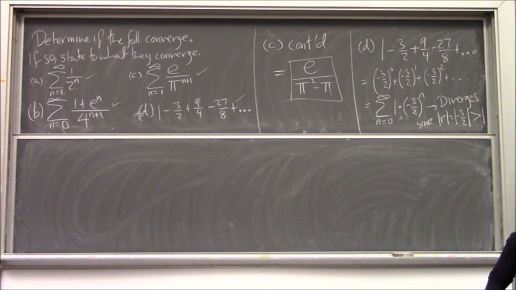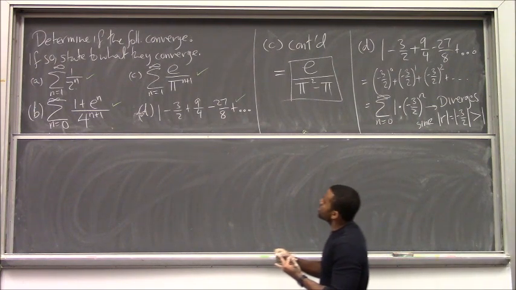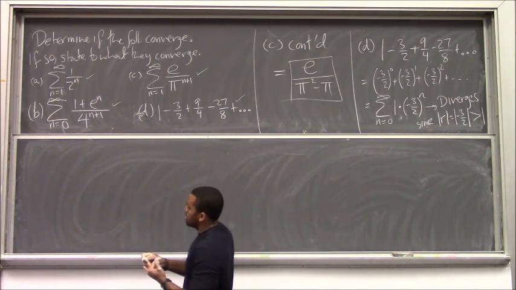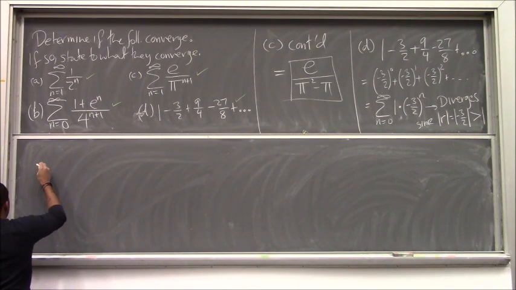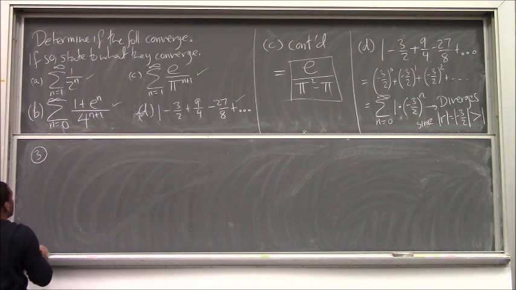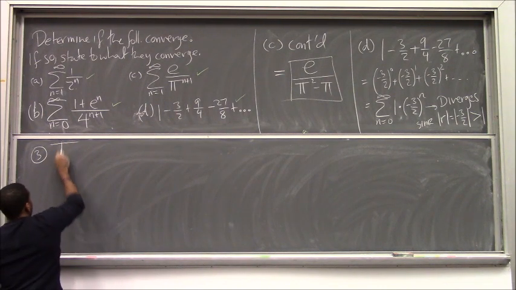Let's move on to another one. So we did telescoping, test for divergence, and geometric. So the telescoping was 0, test for divergence was 1, geometric is 2, 3 is something called the integral test.